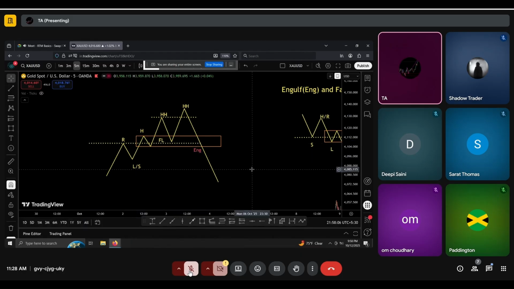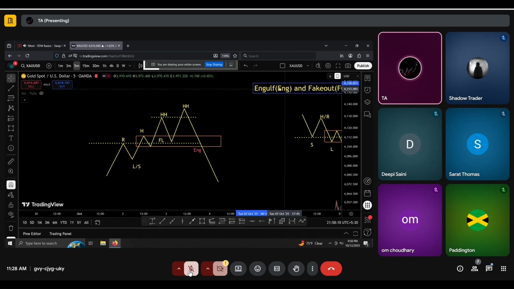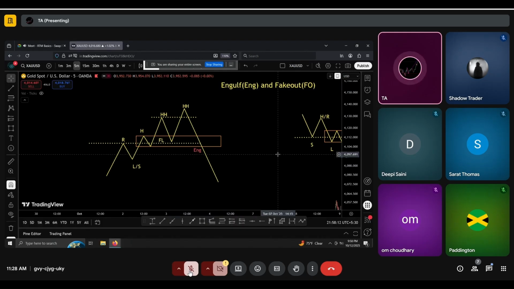So this is engulf. Then what is the fake out? If this is engulf, then what is the fake out? Fake out is also some form of engulf, but that engulf is a trap. How? We will see here. Okay.